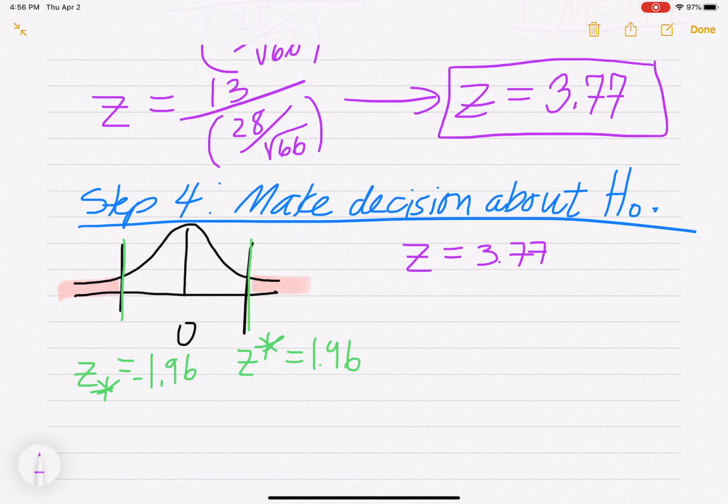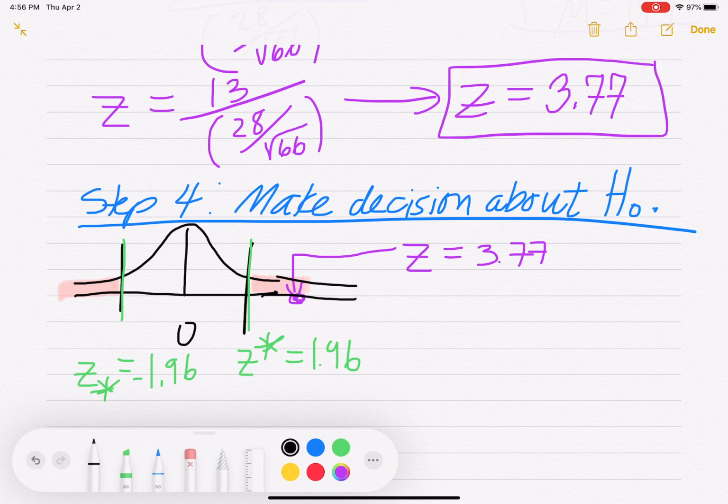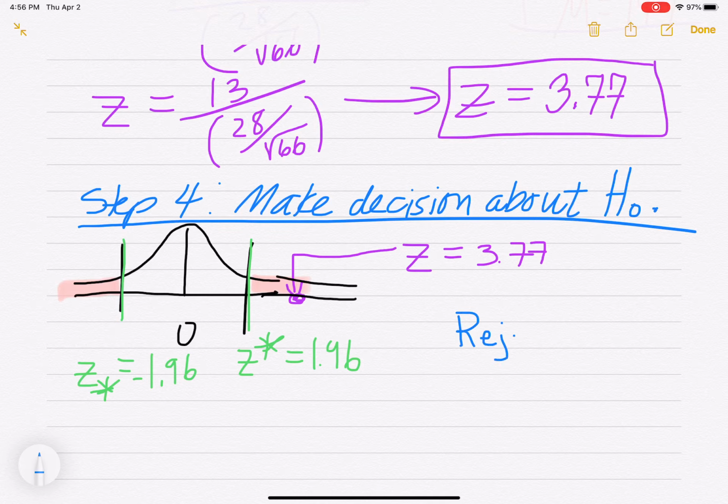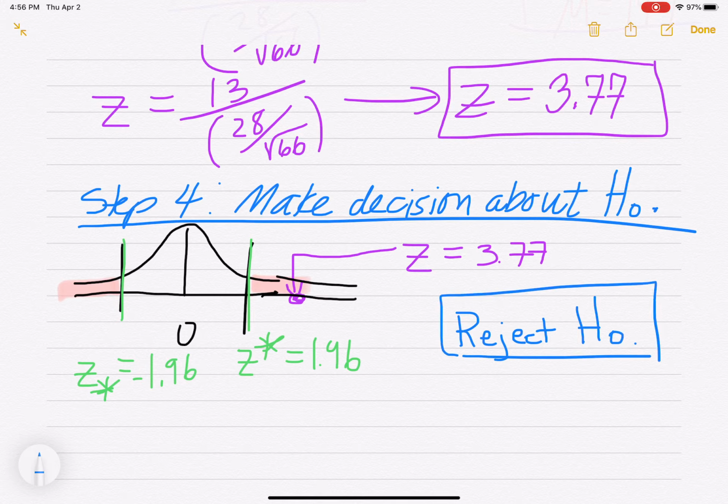If you think about where 3.77 lands, it ends up here in the critical region, right? It's way above 1.96. Somewhere way up there. That pink region. So it's definitely in a rejection region here. So we're going to reject the null hypothesis, since the test statistic is in the rejection region to the right of 1.96 here.